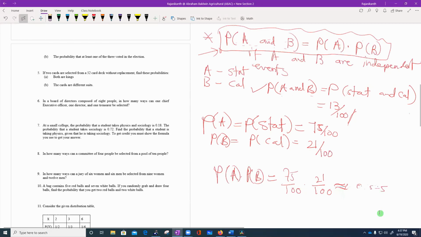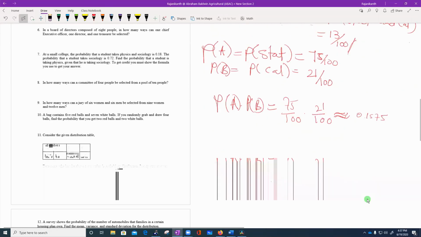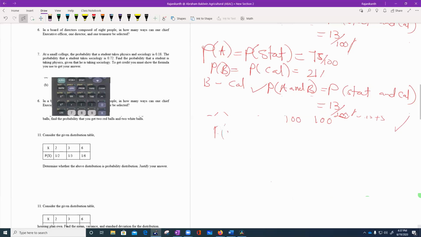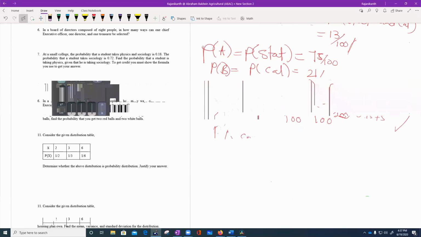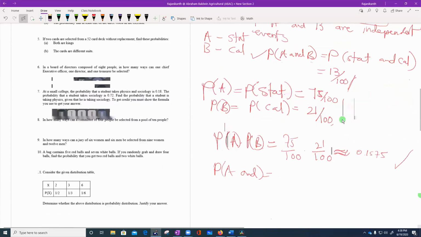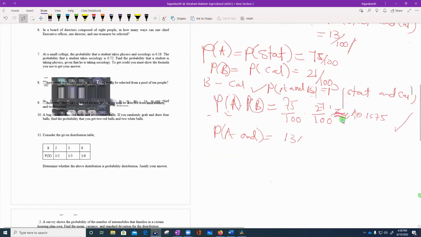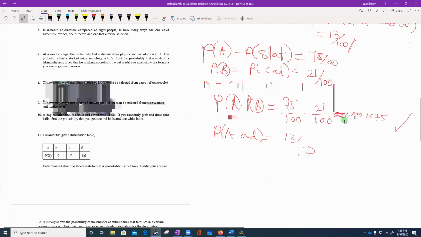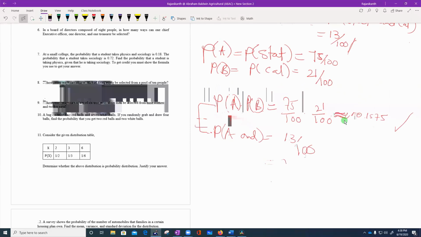0.1575. That is the answer I am getting for the product. But what was my answer for P of A and B? P of A and B is here, 13 over 100. If the formula is correct, you should have these two same answers, right? But I'm not getting the same answer, because 13 over 100 is 0.13.